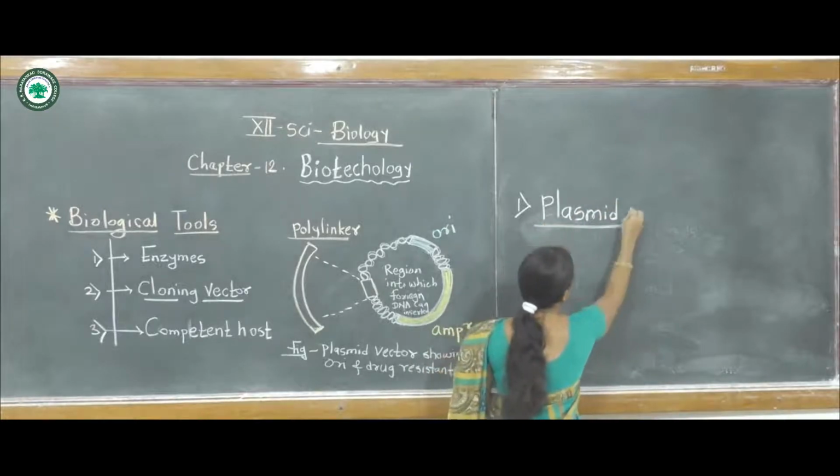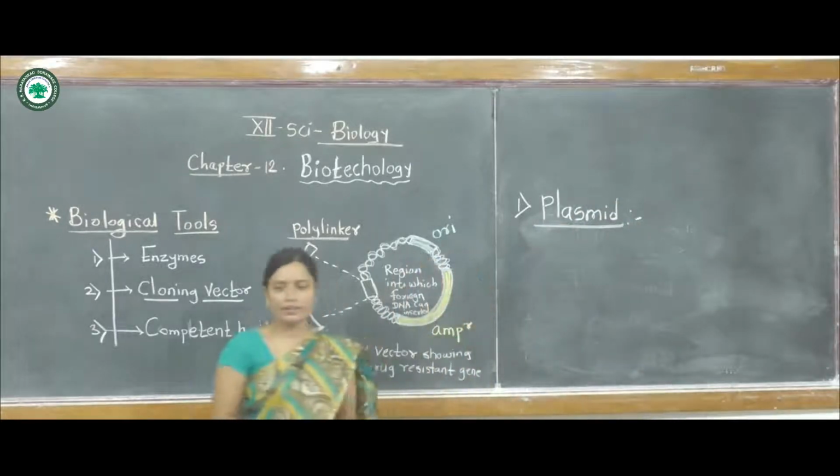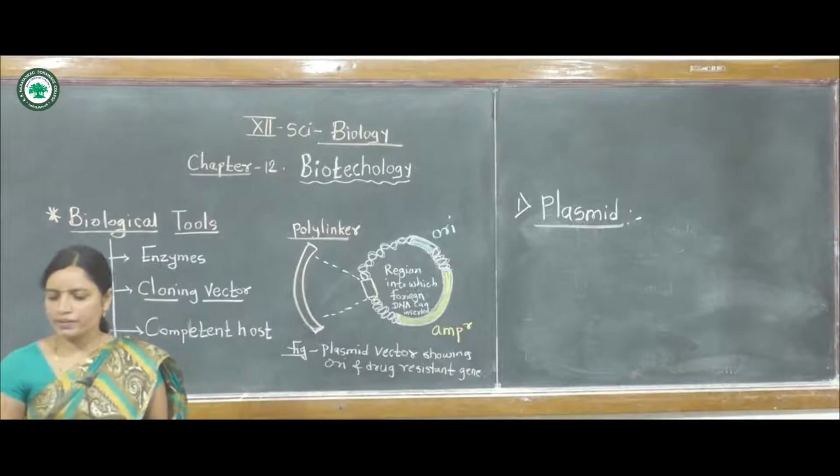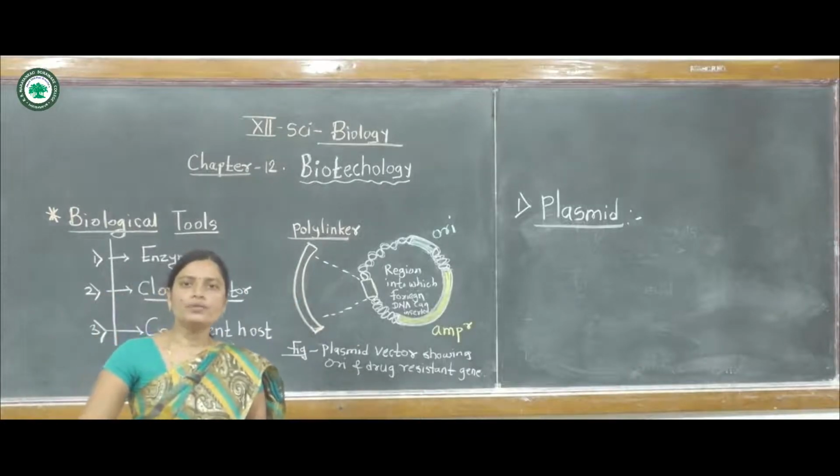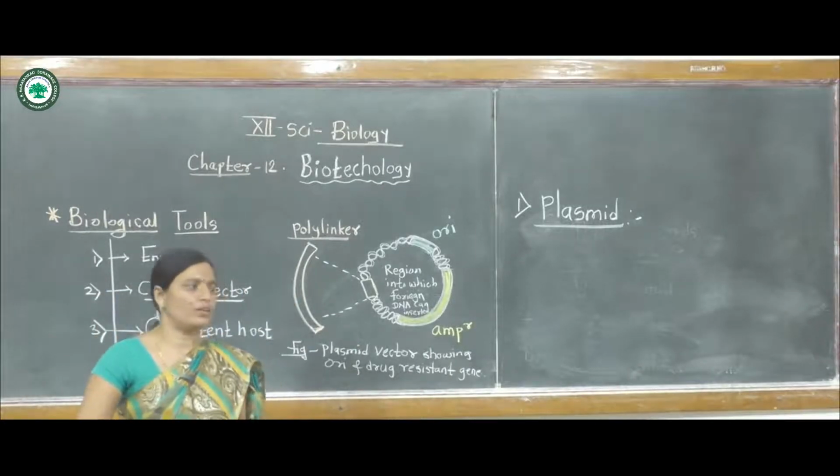Plasmid is the most important cloning vector, and these vectors are commonly used for rDNA technology.